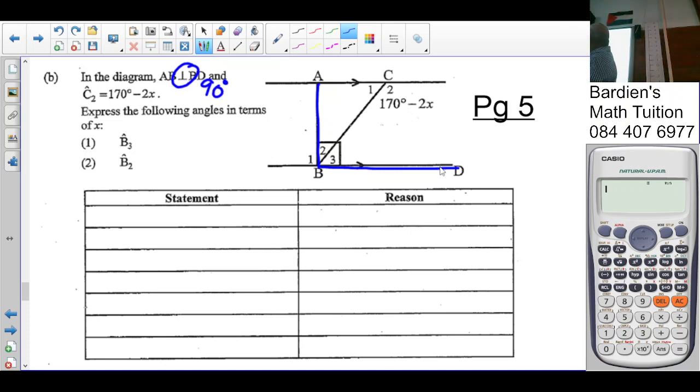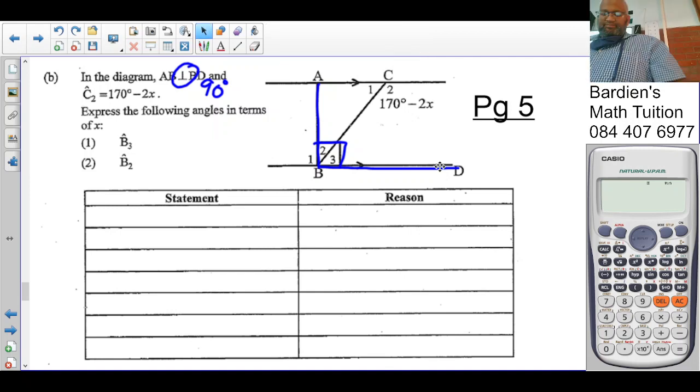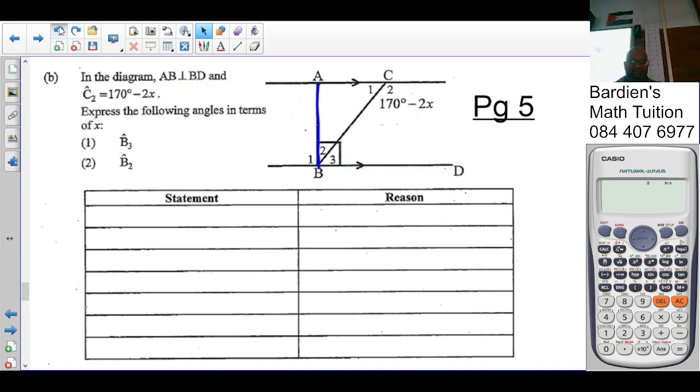So AB is perpendicular to BD, which means to say they are at 90 degrees to each other.